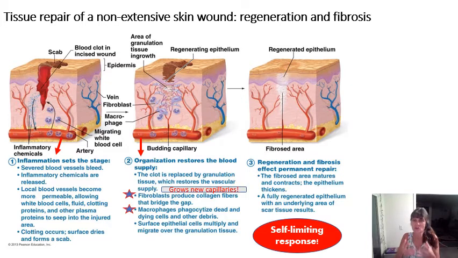So they're going to restore blood vessels in the area, and that will stimulate fibroblasts to produce more collagen fibers that help to knit the edges together.